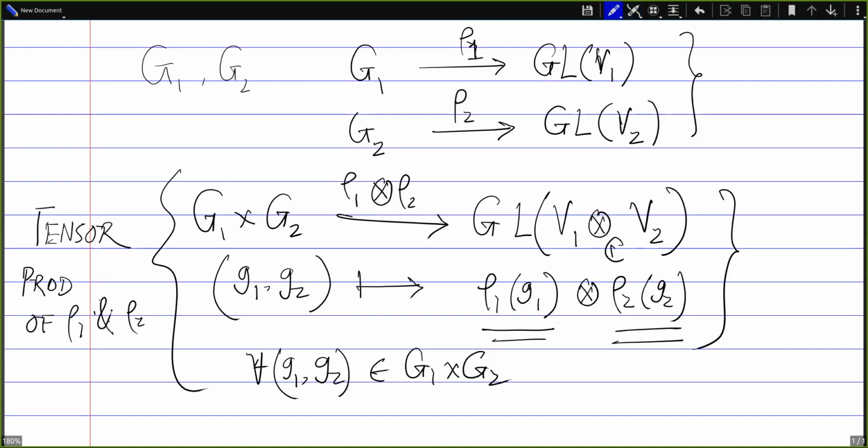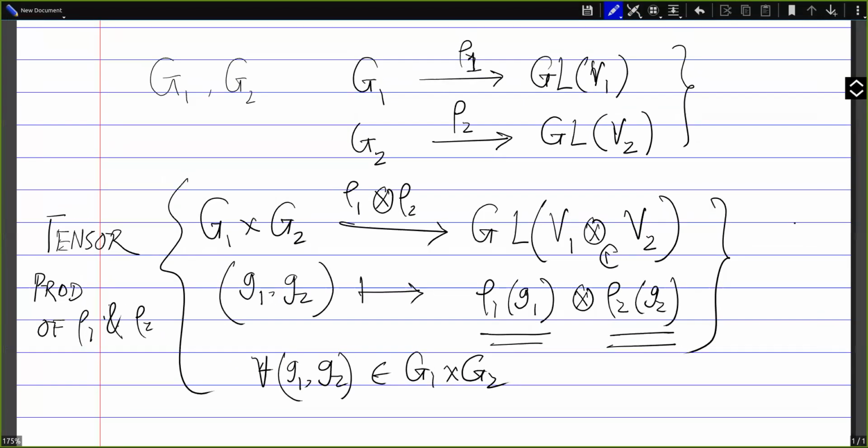All right. So at this point, I must tell you why in the beginning I said that we are going to extend and generalize what has been discussed in the class earlier on the tensor product of representations.